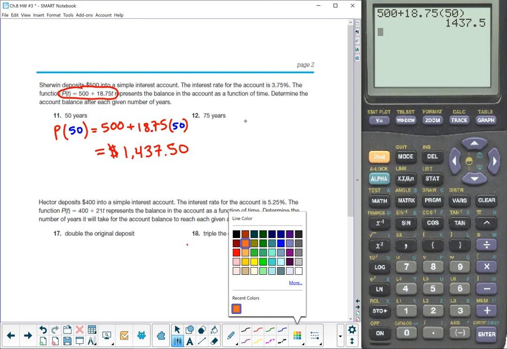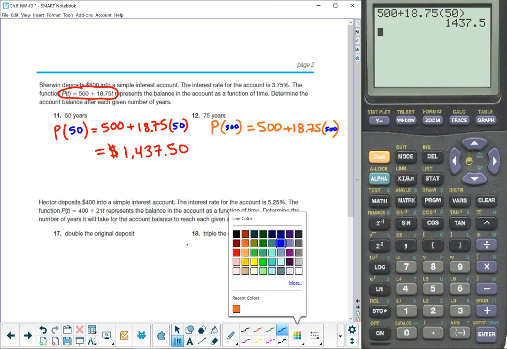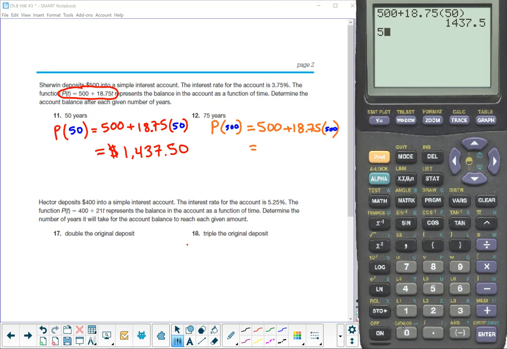I'm gonna use orange. All right, so 75 years. Same thing again. P of 75 equals 500 plus 18.75, and then we're gonna multiply it by 500. Okay, so we're gonna work it out on your calculator. 500 plus 18.75 to the 500 years.